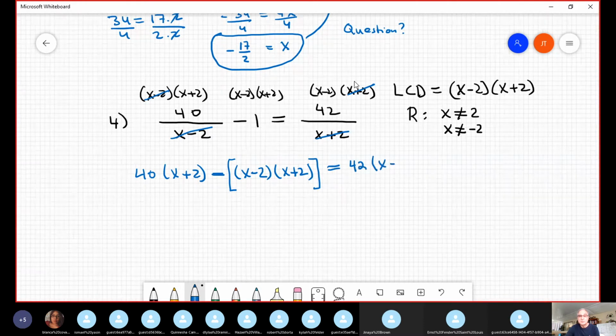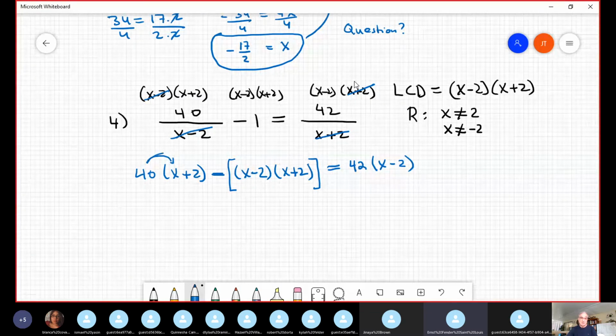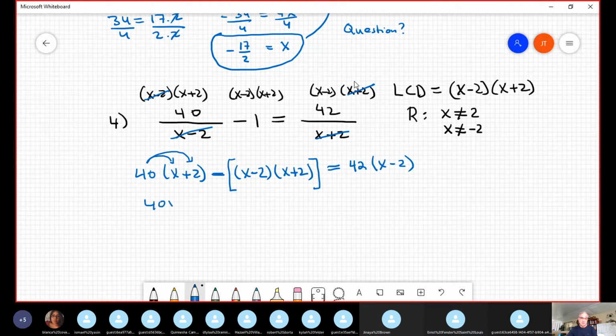Parenthesis x minus 2. That's okay? Yeah, that's smart. If you can't put the bracket, you have to change the sign. When you distribute it here, 40x minus 80. Let me try to FOIL each side.